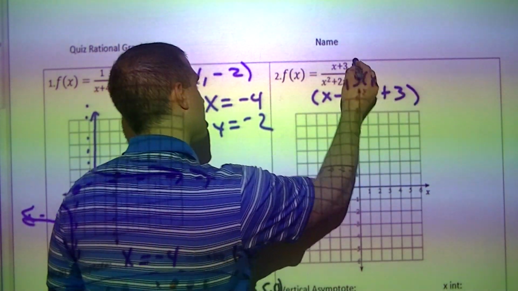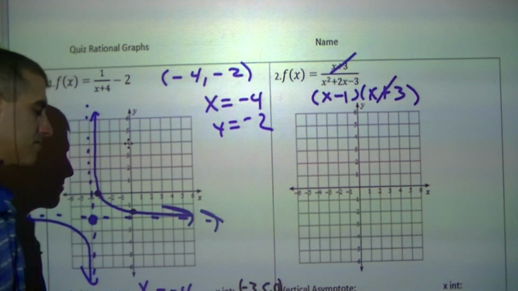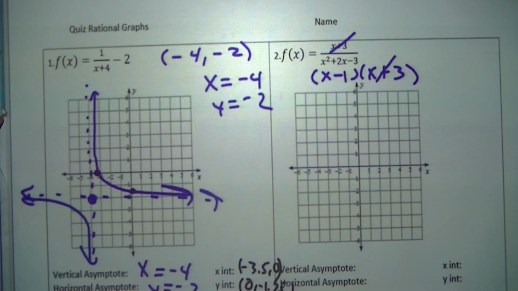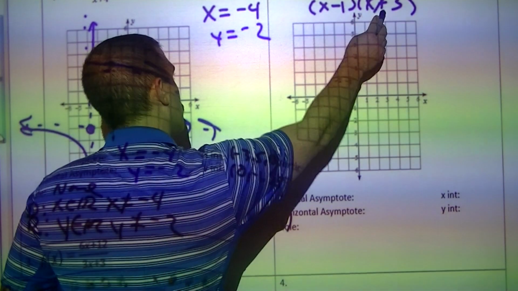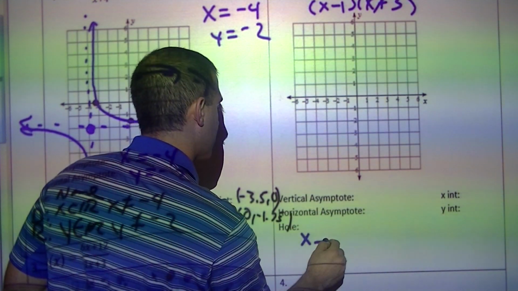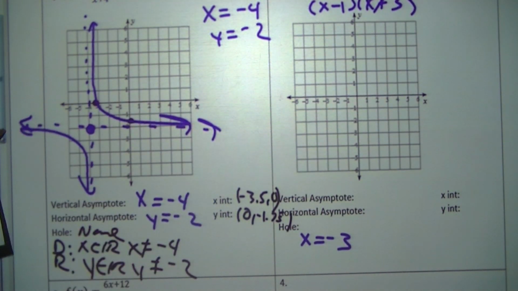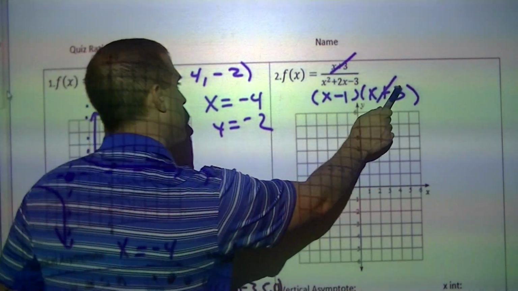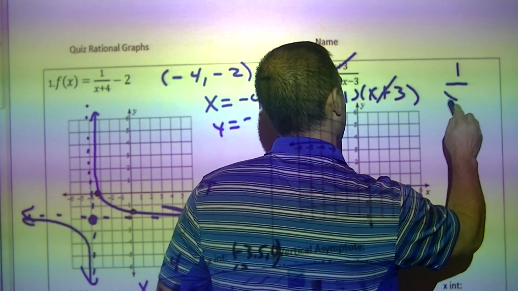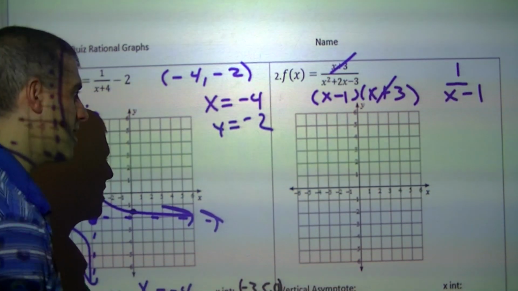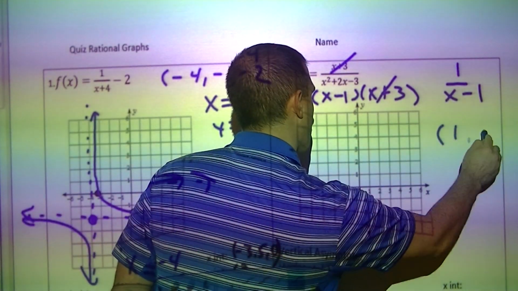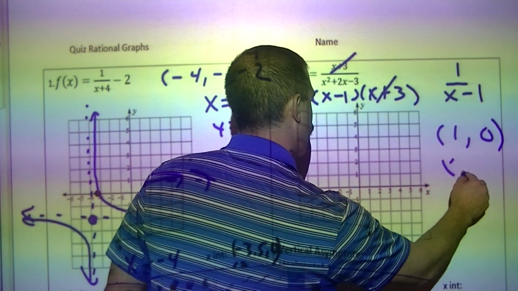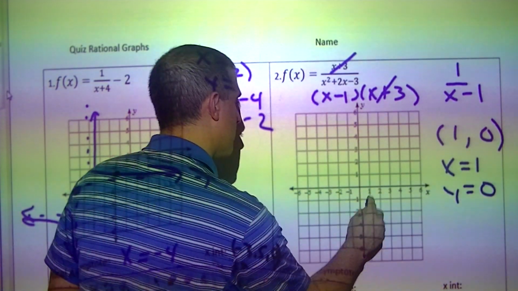Now, what happens here is this and this cancel out. So the hole is going to be x equals negative 3. The hole is the solution to what you crossed off. So I'm actually just going to graph what's left. That anchor point right there is 1, 0. So x equals 1, y equals 0.